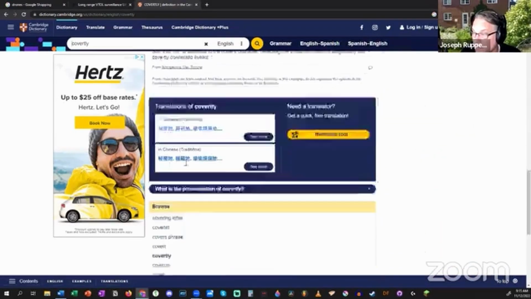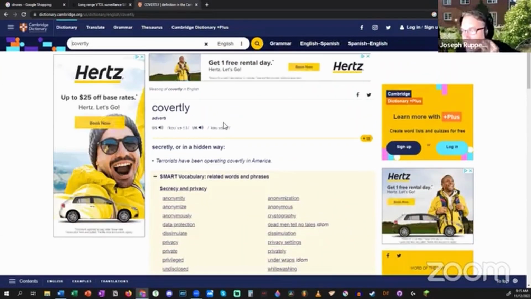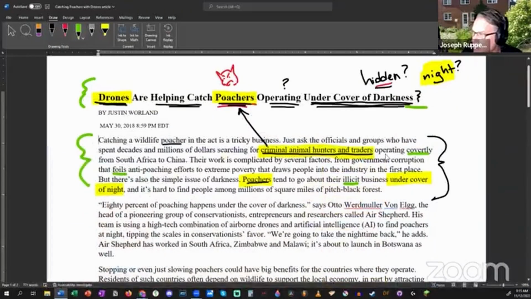Anyway, it's just enough to know that this is another way of saying secretly. So it is in a secret way. So operating secretly, operating covertly. So we could say secretly or covertly. Great.